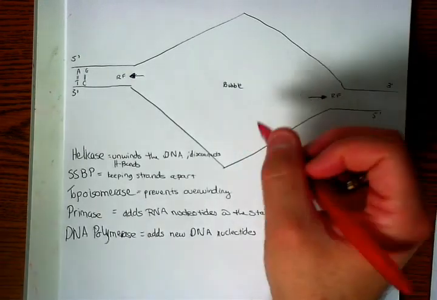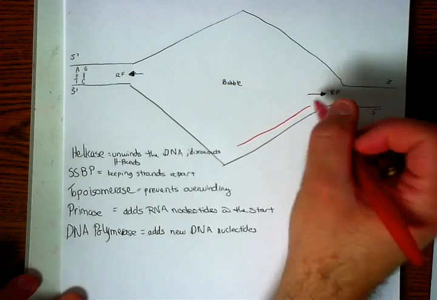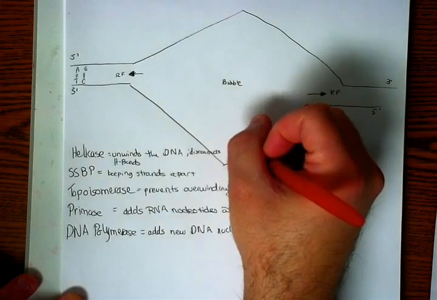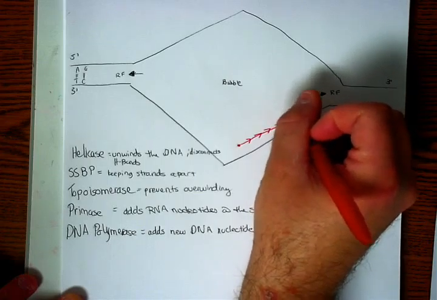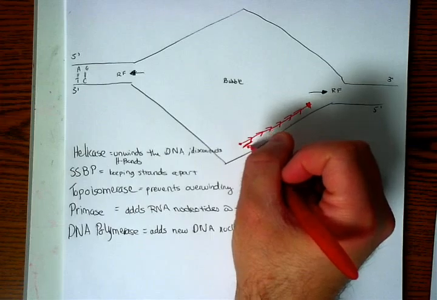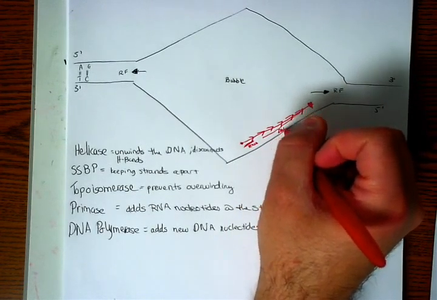And this would be 3 prime. So there's no problem adding bases going this direction, adding them one at a time. Now remember, those first couple of bases are going to be RNA primers. The rest of them are going to be DNA nucleotides, though.